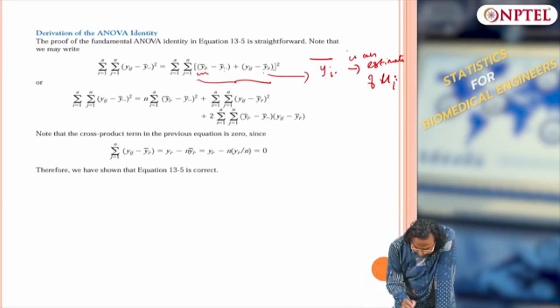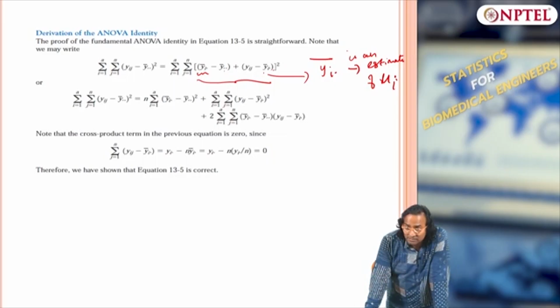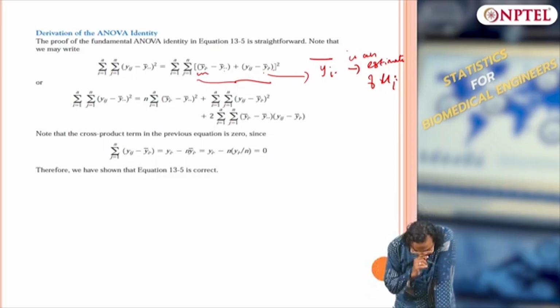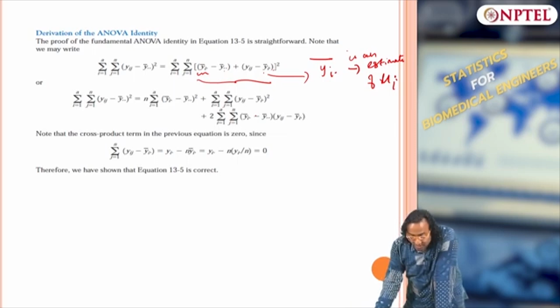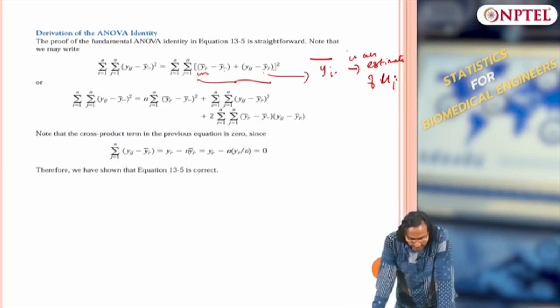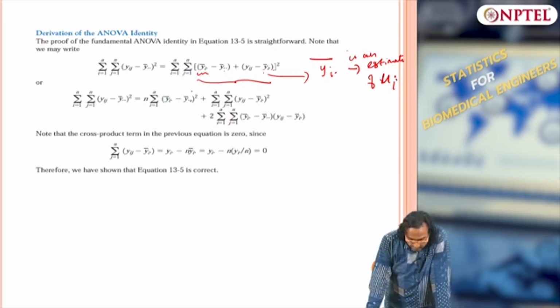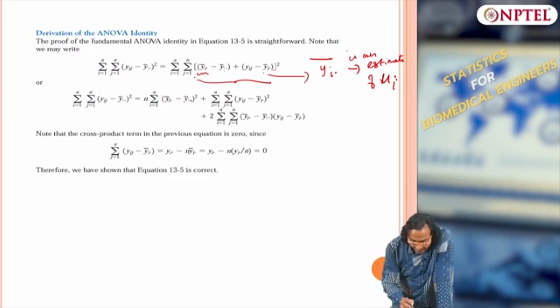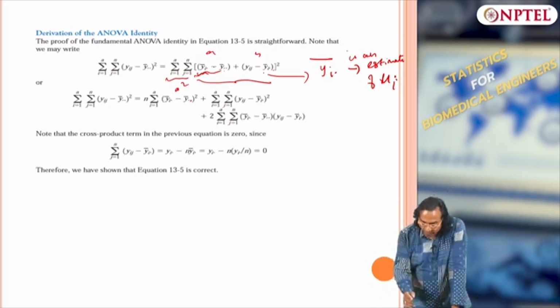Can I expand this? It is a square plus b square plus 2 times ab. So what is a squared? A squared is yi dot bar minus y bar dot the whole squared, summed along both axes.